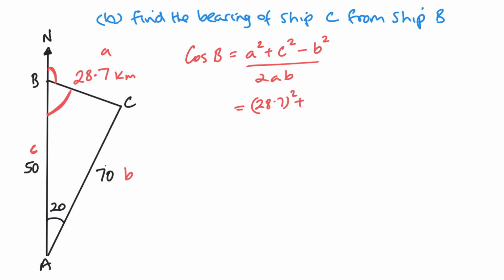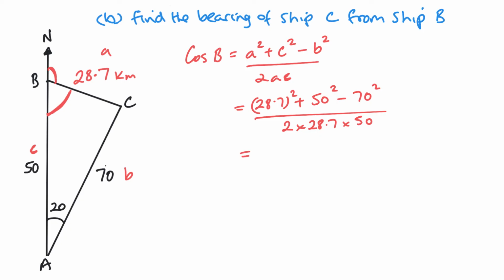Remember to use the full value. c squared is 50 squared and b is 70 squared there. So 2 times 28.7 times 50. And I do apologize, it's not a B on the bottom, it should be a C there.